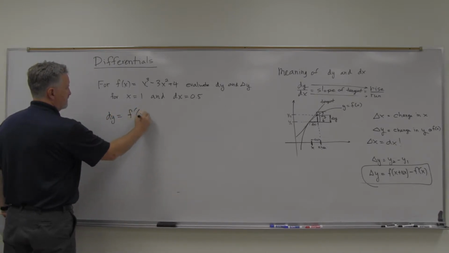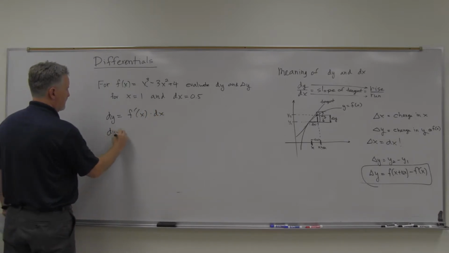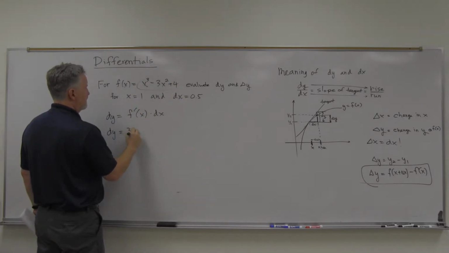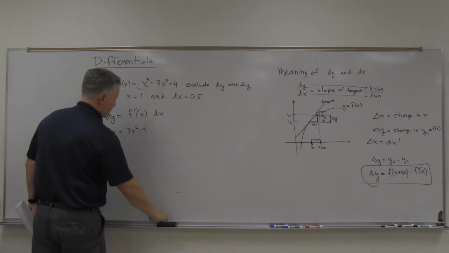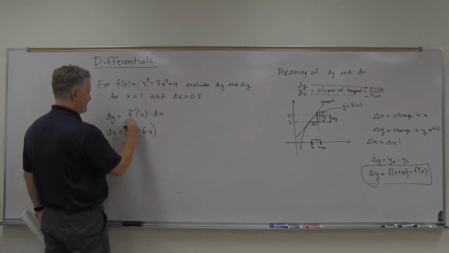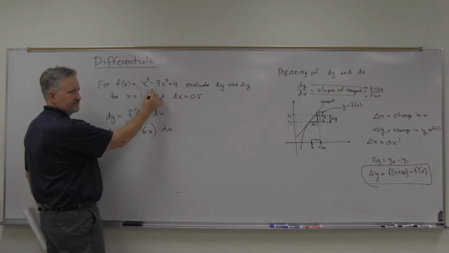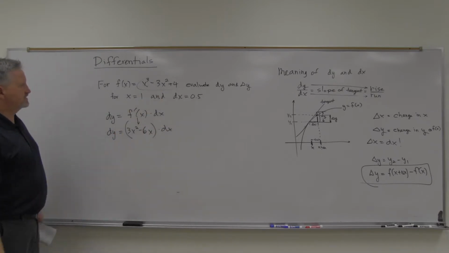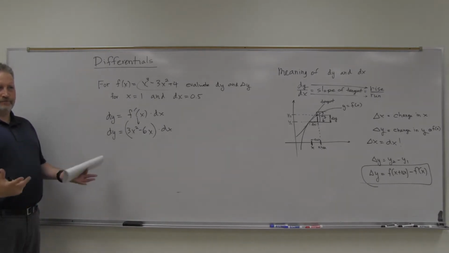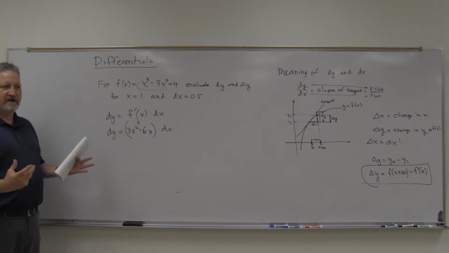And again, those are just formulas, it's nothing terribly difficult. Dy is f prime of x times dx. So f prime would be 3x squared minus 6x times dx in this particular case, because that's the derivative. All right? And in this particular case, it wants me to evaluate a specific value of this.